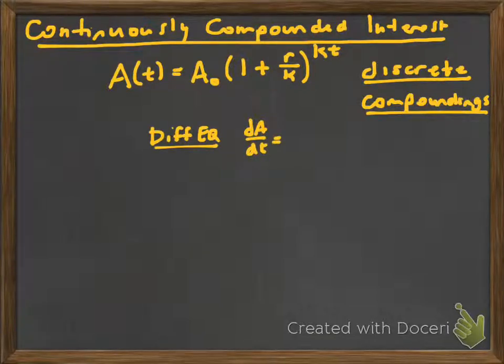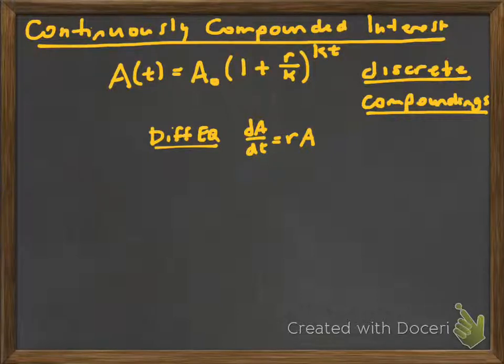dA/dt equals rA. Now compare that equation to the one we had in the law of exponential change, yes? Do you recognize a parallel here? What is this parallel to? The r is the k. It's back to that r is just k, right?